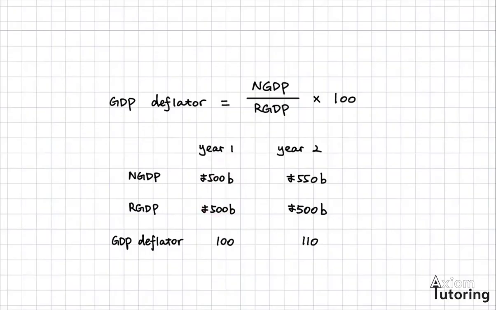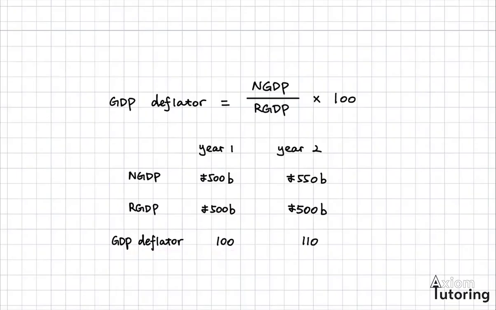So the GDP deflator for year 1 is simply 500 divided by 500 times 100, so 100. An index of 100 does not mean that prices are 100 pounds. It simply provides a reference point.